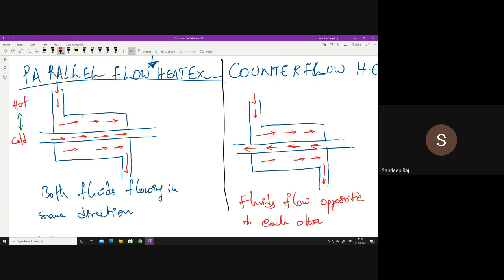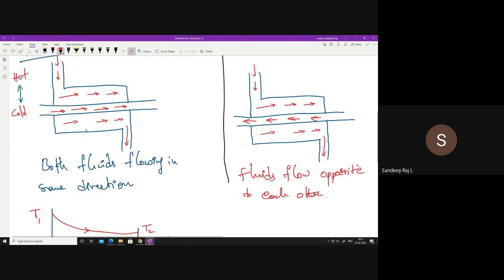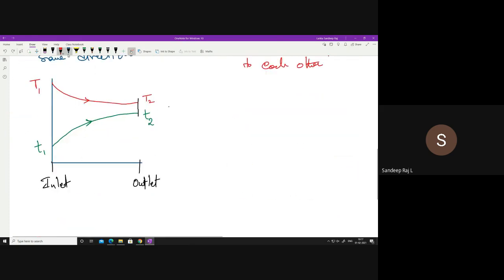As this process happens, the hot fluid temperature cannot come below the cold fluid temperature, or the temperature of the cold fluid will not cross the temperature of the hot fluid.